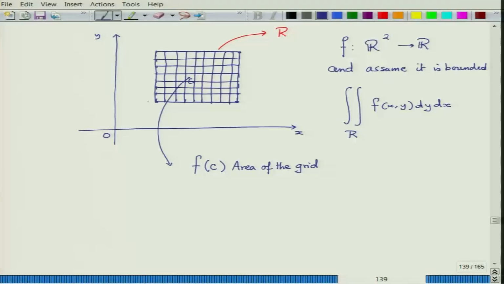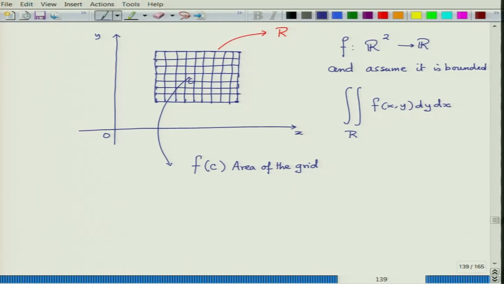Then I take more and more. I see here there are a number of cells, right. For example, here you can count what the number of cells are. Then I can keep on increasing the partitioning on this side of the rectangular domain and this side, and the number of cells would increase and hence the sum would become more and more refined, more and more near to the integral, and then in the limiting sense we can define that limit as the integral itself.